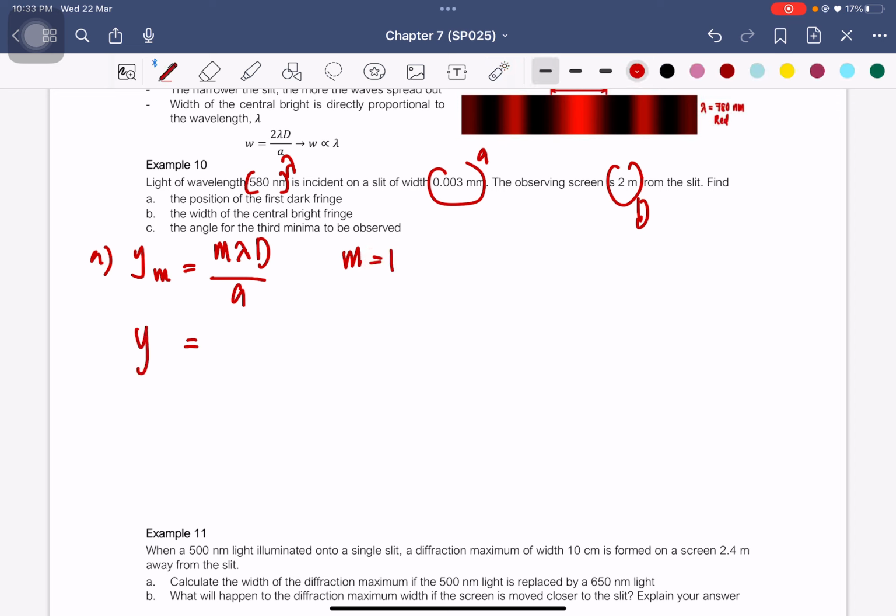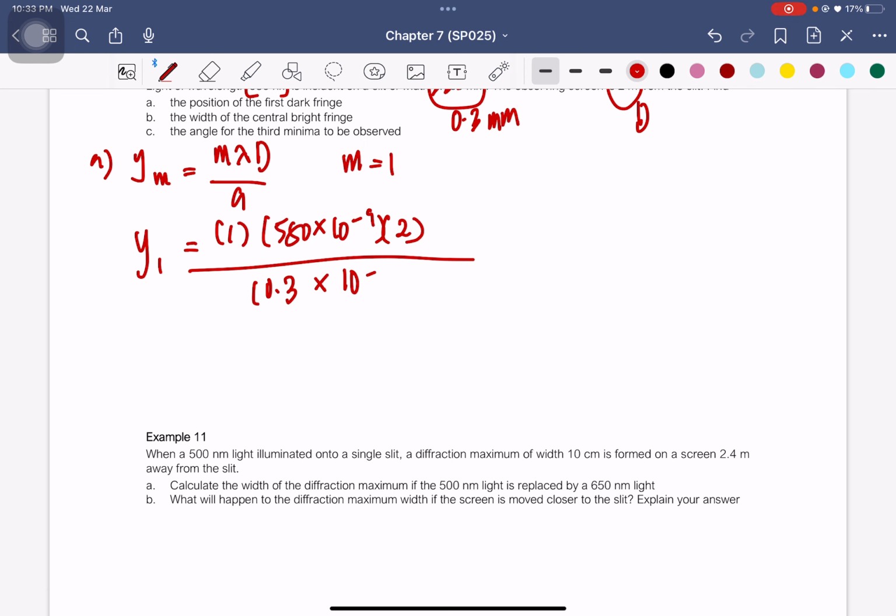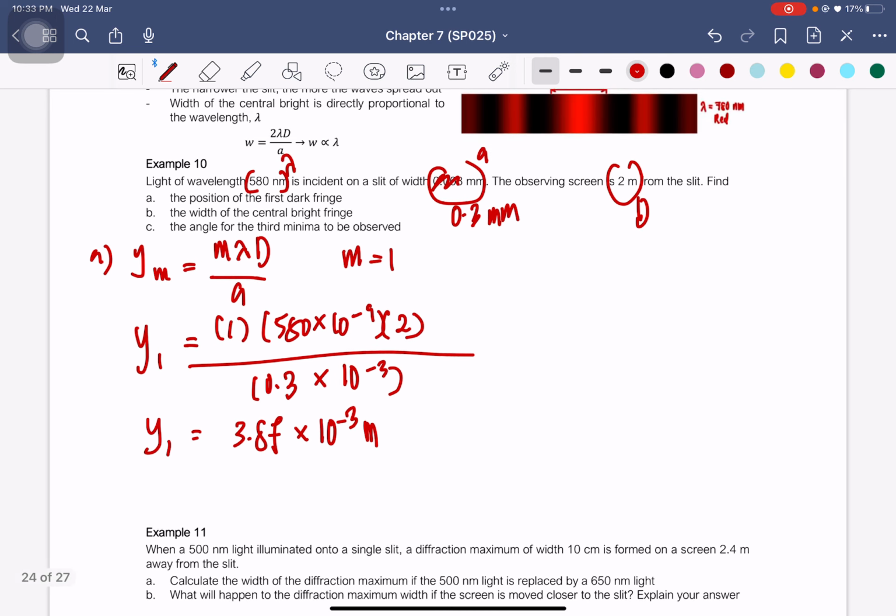So y1, this is 1, this is 580, this is 2 divided by... actually this should be 0.3 millimeter. I'm just going to redo that later before I upload the notes. So your answer will be 3.87 times 10 to the negative 3 meter. That is the position of the first dark fringe.